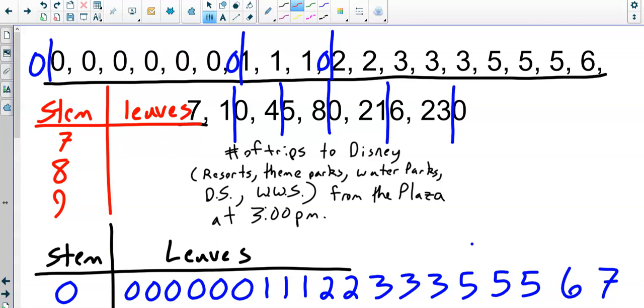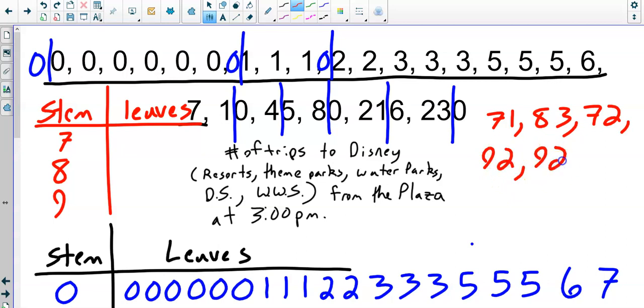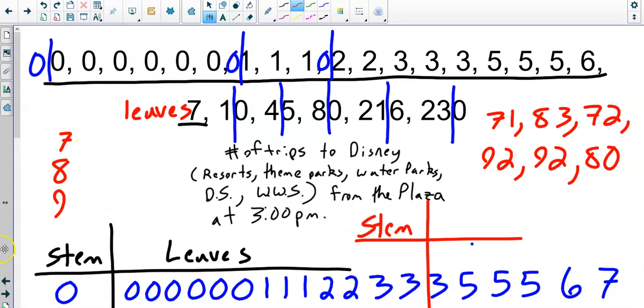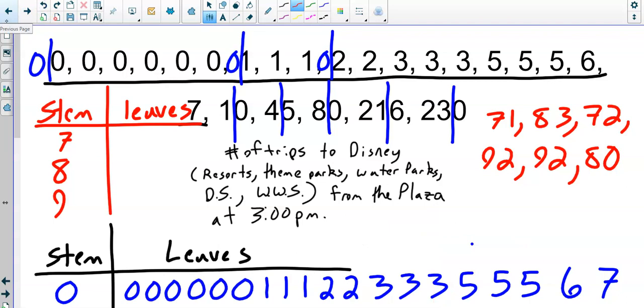And they'll give you a data set, like 71, 83, 72, 92, 92, 80. And they'll want you to take these numbers and put them into the stem and leaf plot. Okay? And again, in the assignment, they will say put commas between your answers. I hate that, but put commas between your answers.